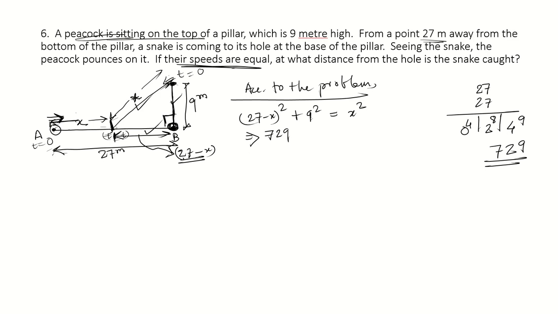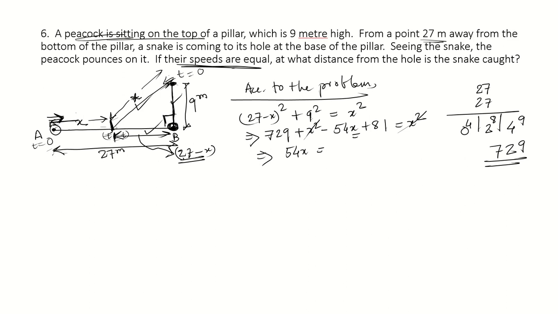So we get 729 plus x squared minus 54x plus 81 equals x squared, right? Here we don't even need to expand further. If we take both x squared out, we can find the value of x from here. That's fine. First let's do that, then we will see if we can solve it in another method.